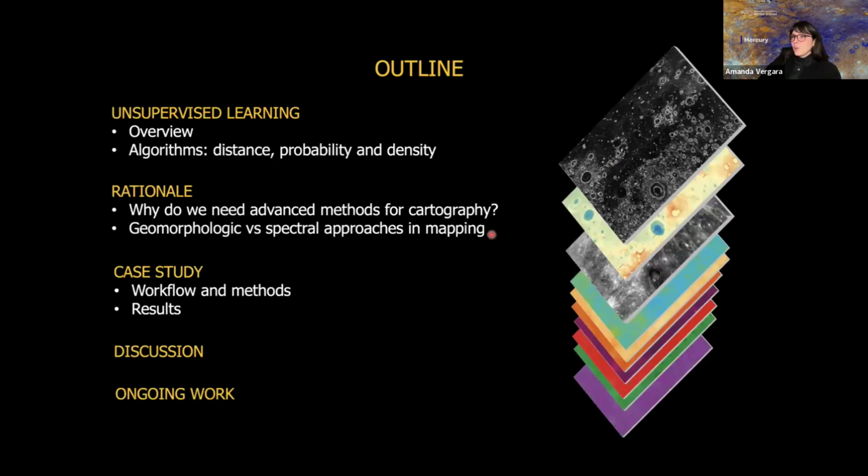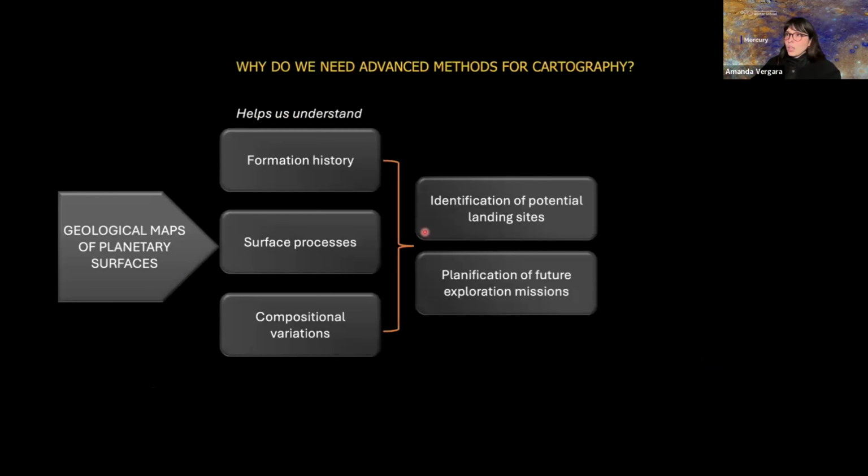And now we can go to the second part of this seminar, about the generation of these maps and the questions behind it, like, why do we need, for instance, to create more advanced methods for cartography?